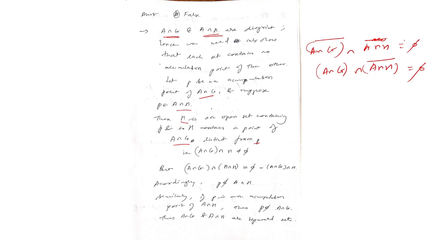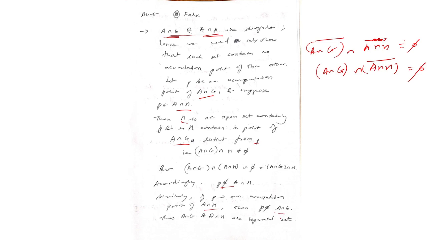But we saw that these are disjoint, so A intersection G intersection A intersection H should be empty. So this is a contradiction. So this implies P does not belong to A intersection H. Okay. Similarly, if P is an accumulation point of A intersection H, then P does not belong to A intersection G.